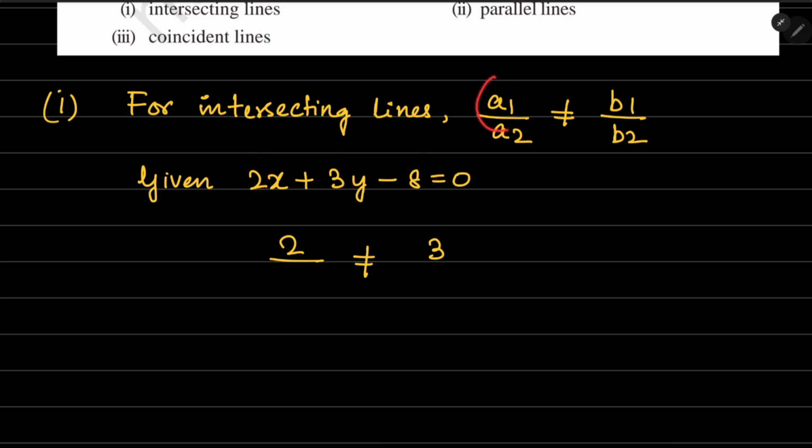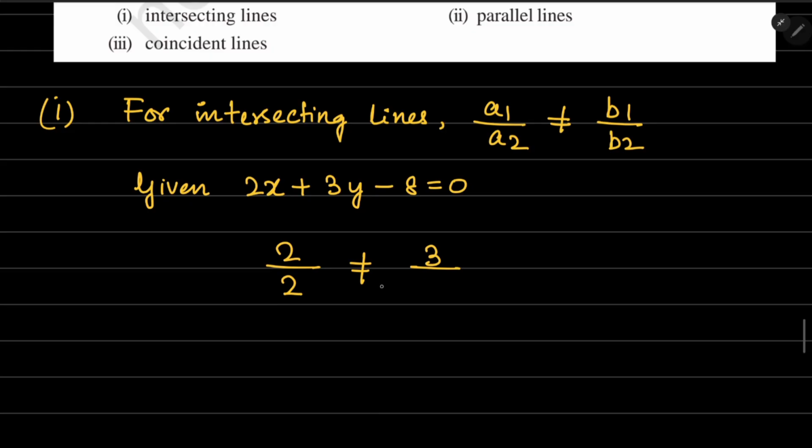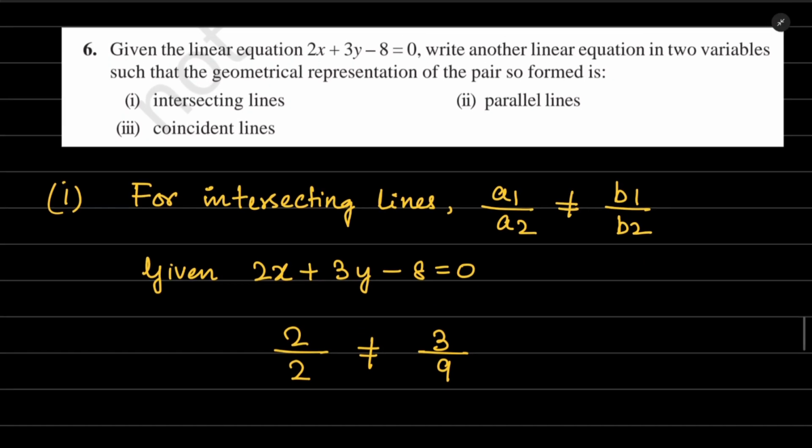But we are only focusing on a1 by a2 should not be equal to b1 by b2. So 3 divided by what? What can I write in place of 2? So I can write here 2 by 2 should not be equal to 3 by 9. Right? In this case also, it will satisfy the condition for intersecting lines, that is a1 by a2 is not equal to b1 by b2.